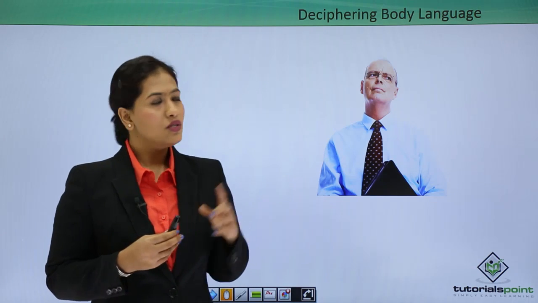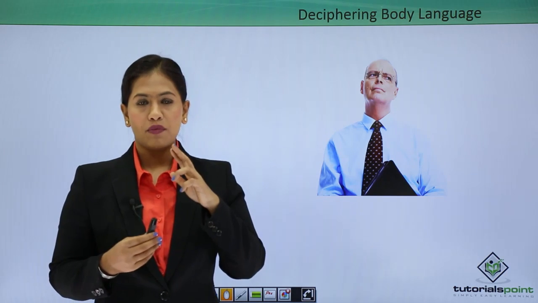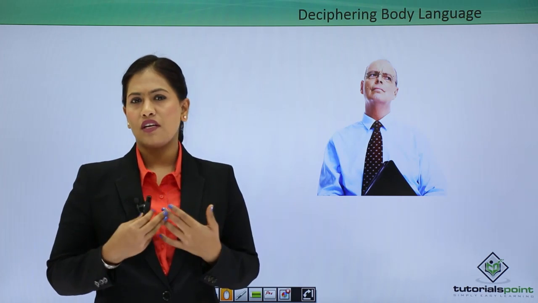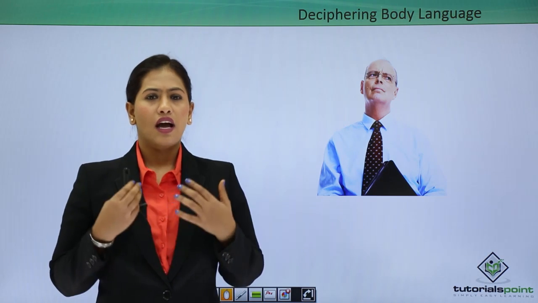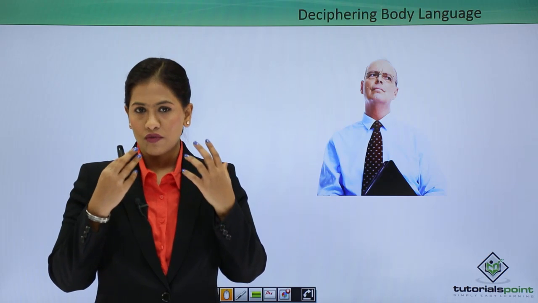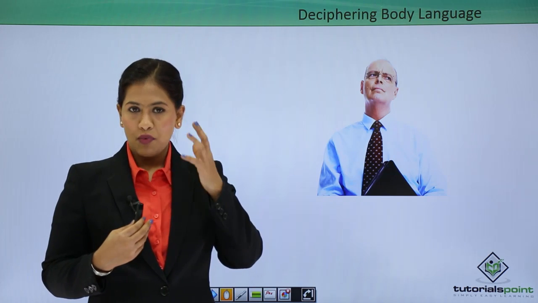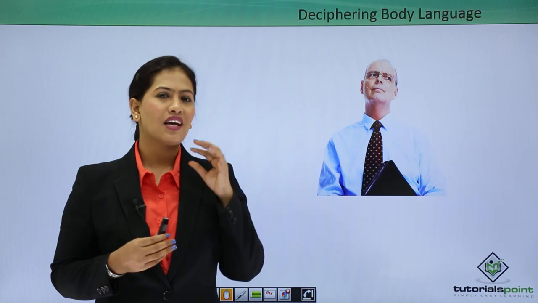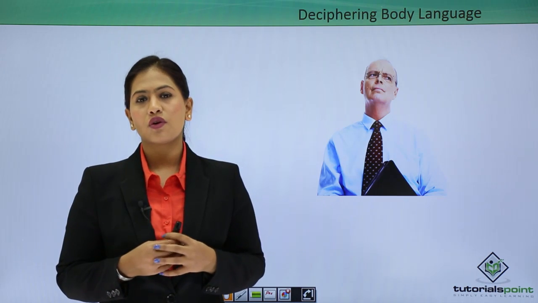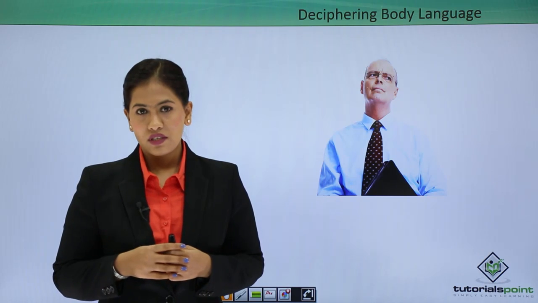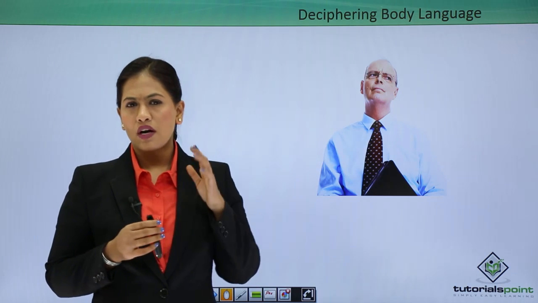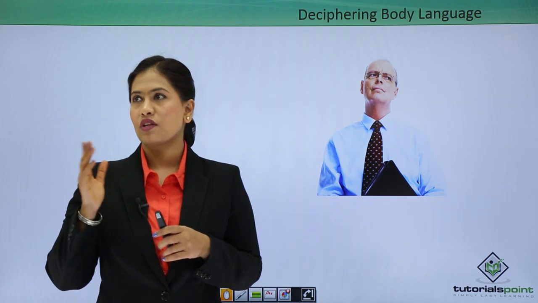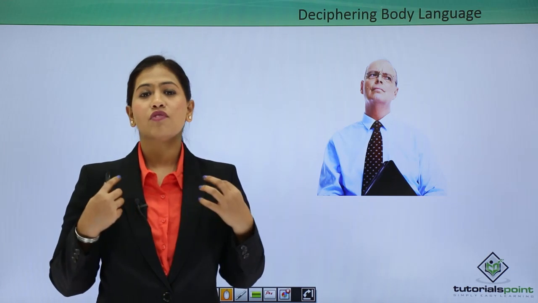So each time I look up and I speak, I convey that I am actually recalling information, and I am looking to get information from a repository in my mind. So when I look down and I speak, I carry certain emotions in my conversation, in my message. Likewise, when I look up on the left hand side and I speak, and when I look up on the right hand side and I speak, I convey different messages.